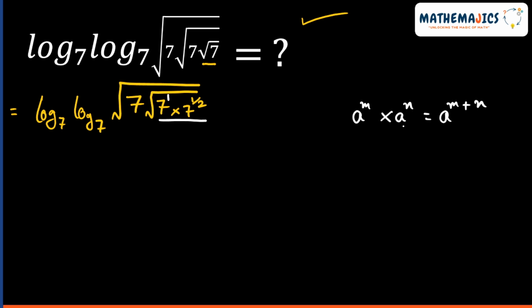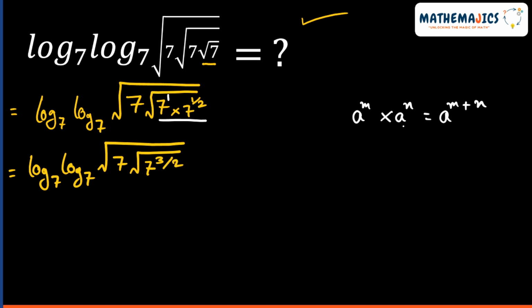So if we use this rule, we will get log base 7 log base 7 under root 7 raised to power 3 by 2. Correct? Because 7 raised to power 1 times 7 raised to power 1 by 2 will give us 7 raised to power 1 plus 1 by 2, which is nothing but 7 raised to power 3 by 2. Correct? Now, let's see what we will be doing in the next step.